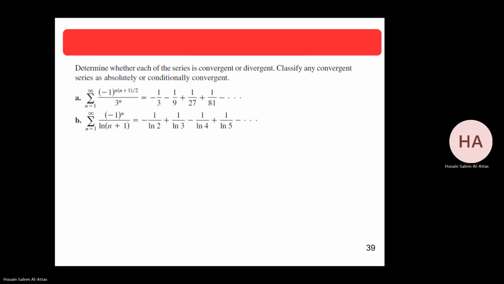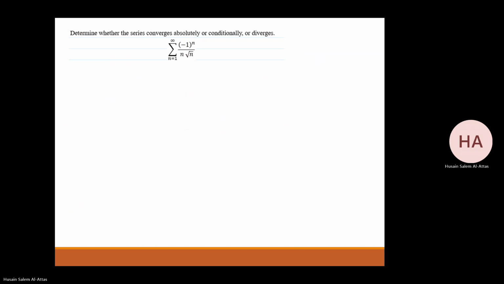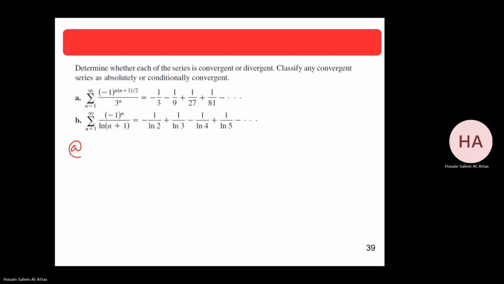Another example. This one is AN, then BN. This is convergent.